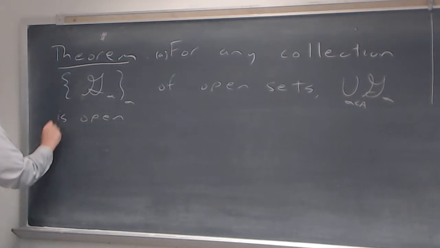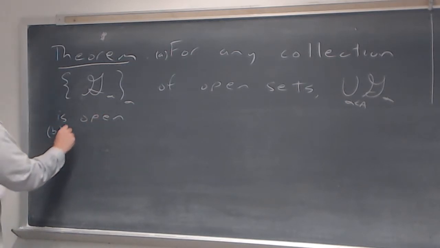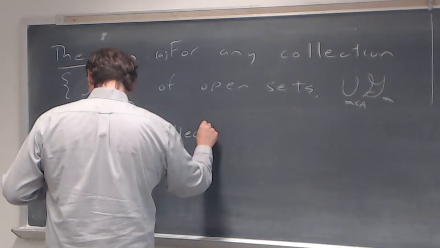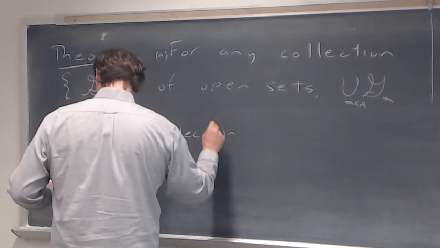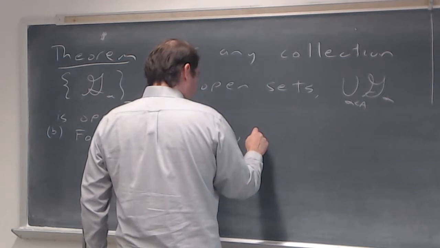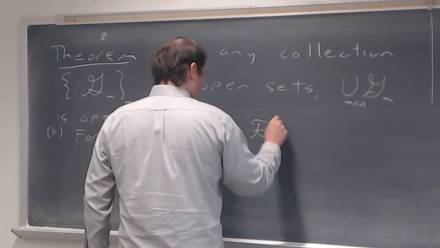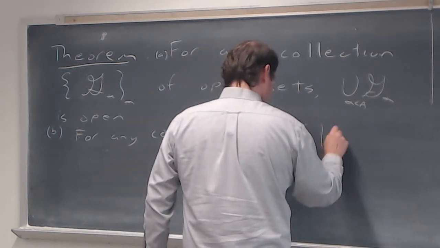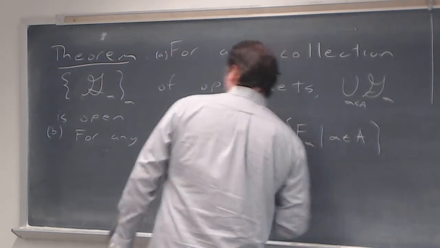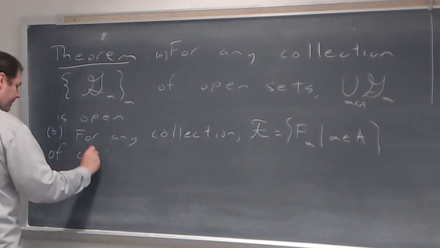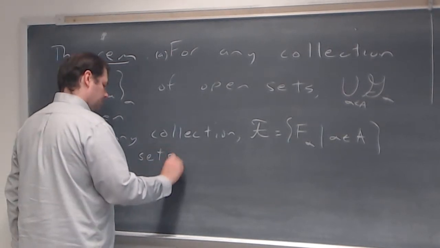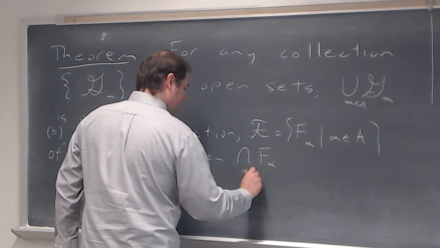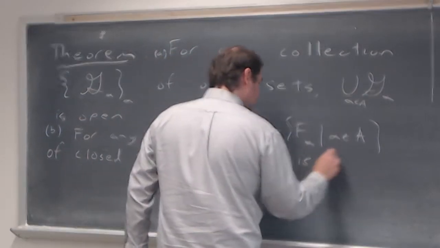That's part A. Part B was that for any collection, let's call the script F equal to big F sub alpha, where alpha is an element of A, of closed sets, then the intersection of the F sub alpha, alpha an element of A, is closed.